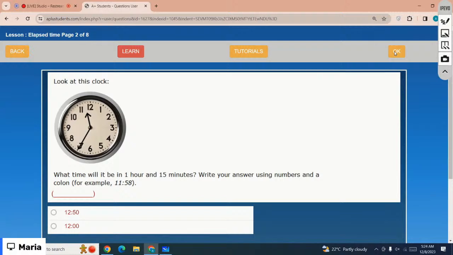When you add 1 hour and 15 minutes, the time you end up on is, yes, that would be 12:50. Option number 1 is the correct option. That would be 12:50. Very good.